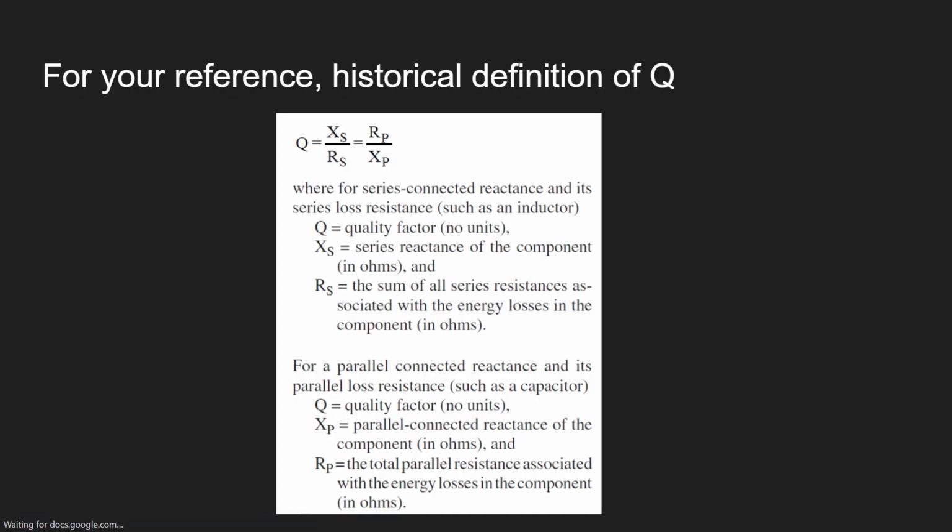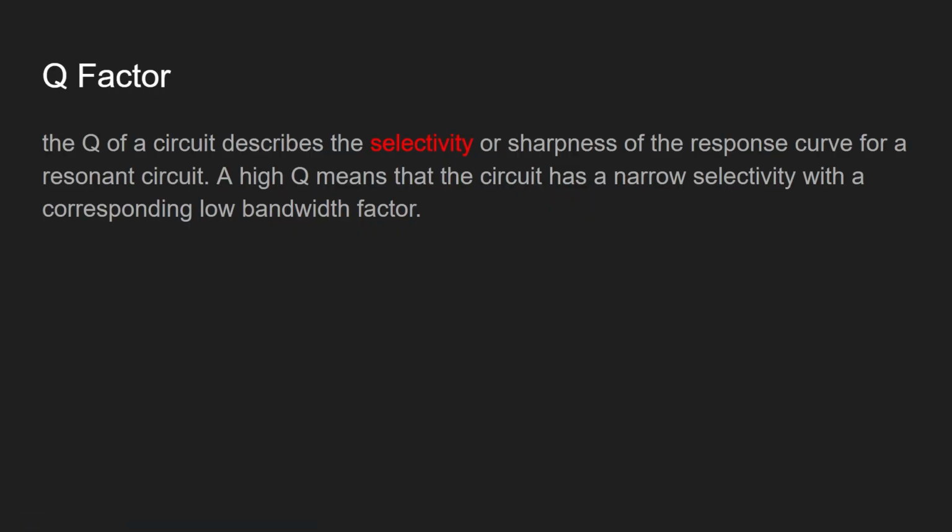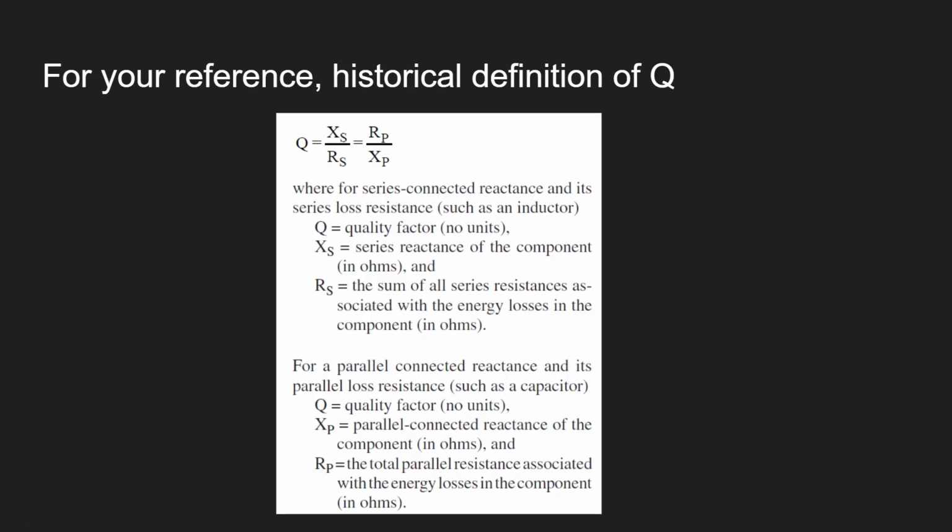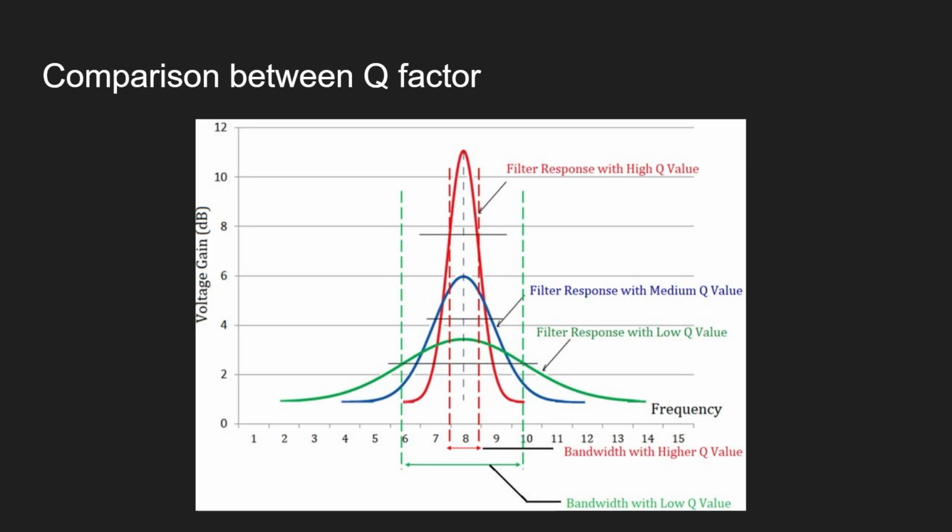I really don't want to talk about this one. It's very weird. Q factor is math. When we talk about selectivity, or how pointy, we measure the selectivity. Just remember selectivity. Let me show you a graph first to let you know what is meant by selectivity.